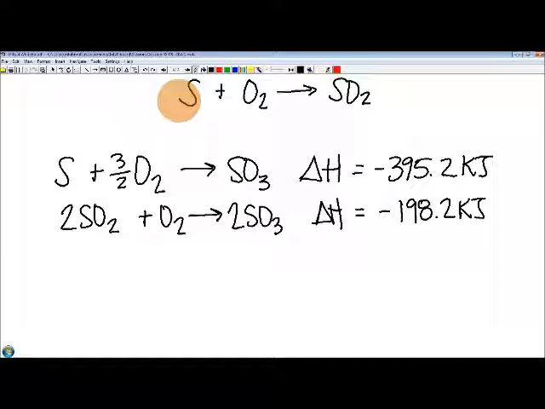If we look down in the equations, it says 2SO2 at the beginning of the second equation, and that is not on the product side. So we need to flip the equation so that SO2 is on the product side now. And when we flip the equation, we also flip the sign of the change in enthalpy.